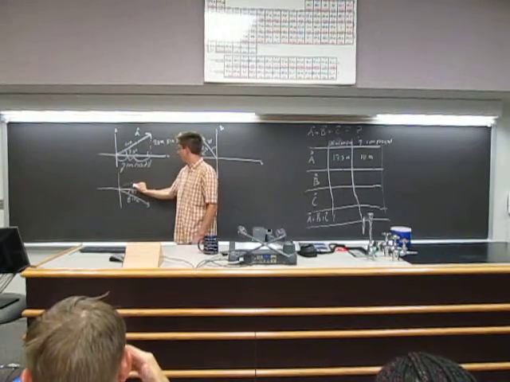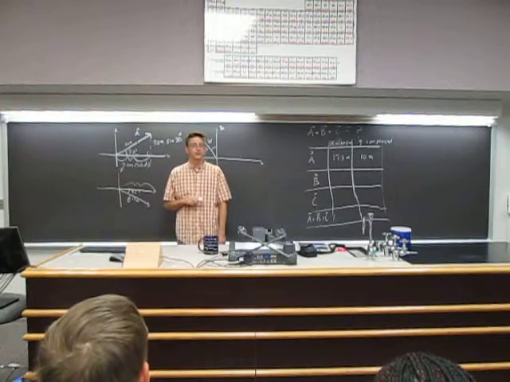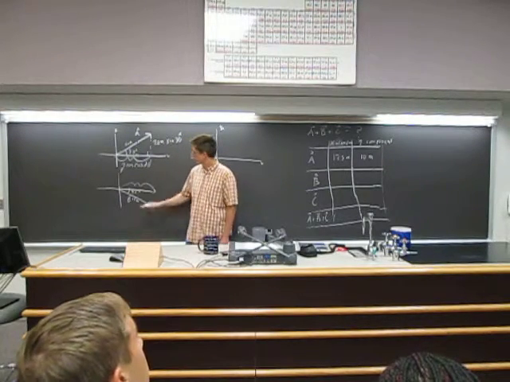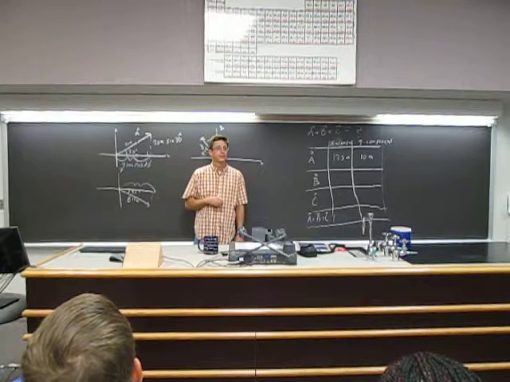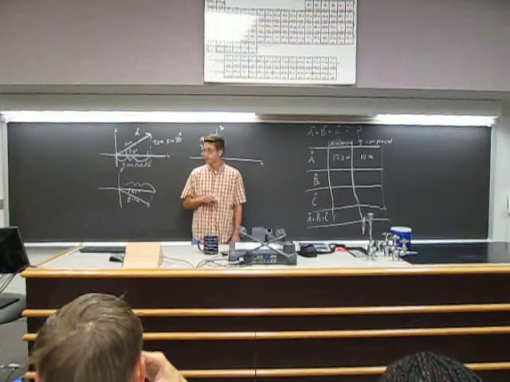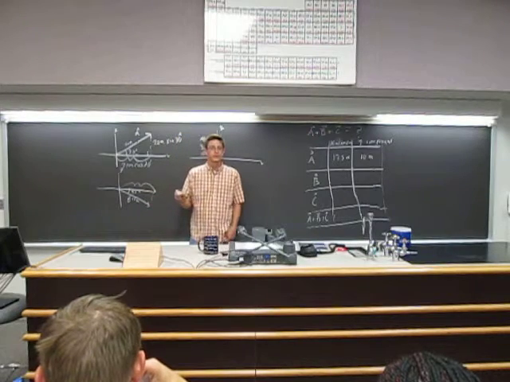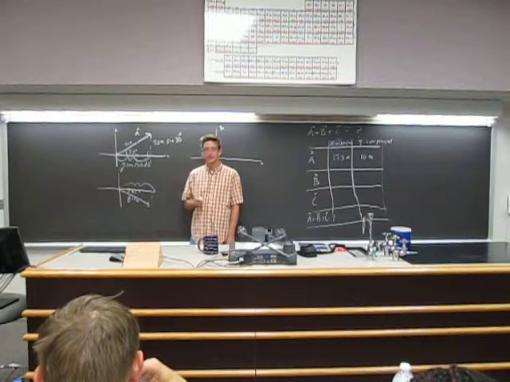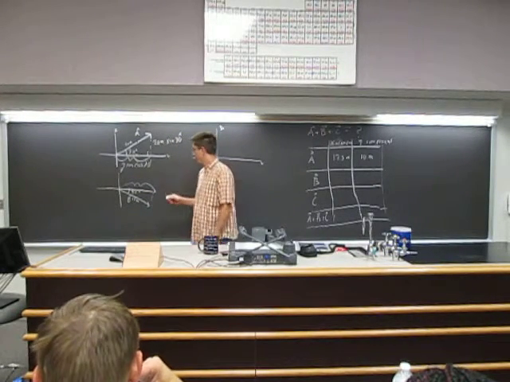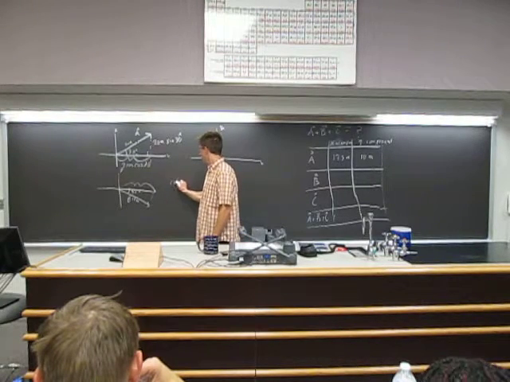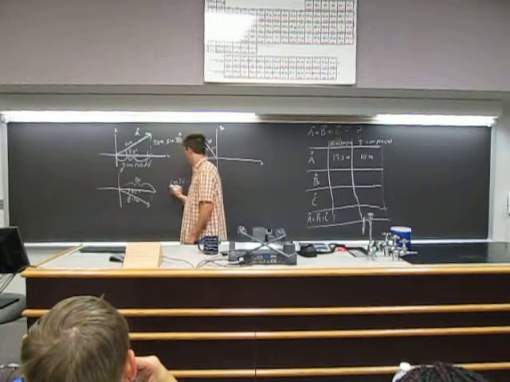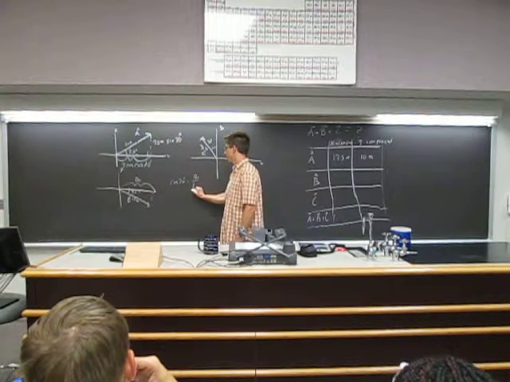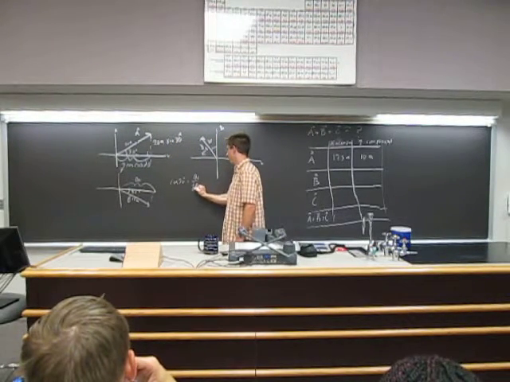Okay, B. How far does B go over in the x direction? It's that far, right? So what would I do to get that? Cosine of 20 degrees. Cosine of 20 degrees is b sub x over the hypotenuse, the magnitude of b.